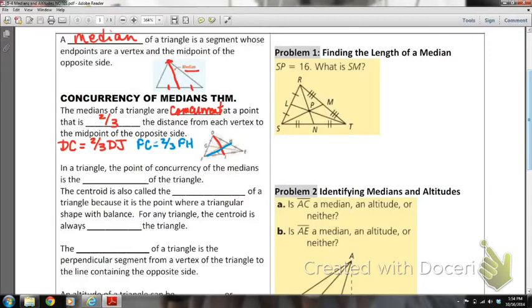And then finally, for the last one, we have from E to G. So from E to G, that's the entire length of the median.